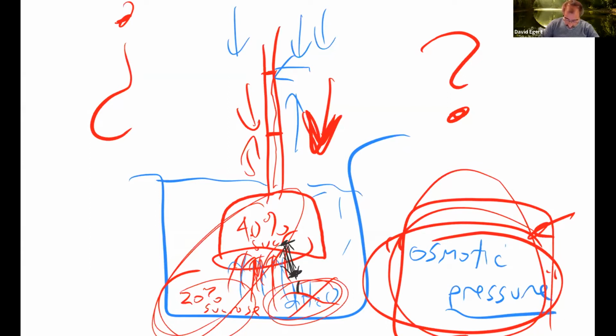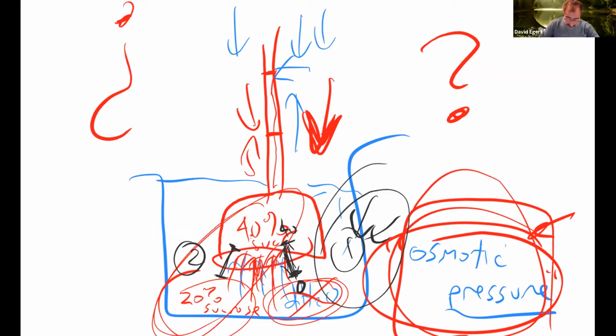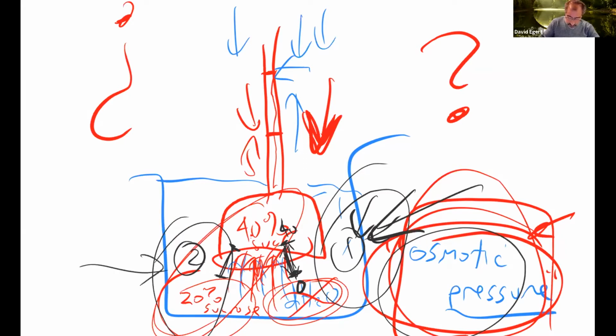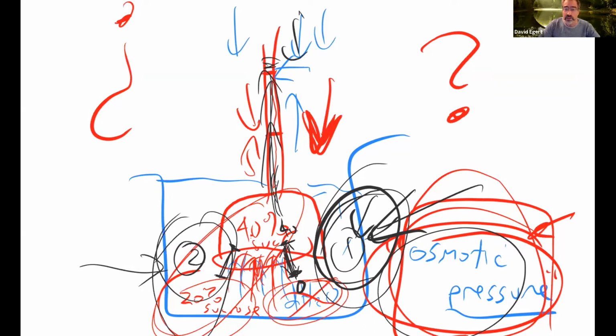So if we look at the difference between 0 and 40% in case number 1, and compare it to the difference between 20 and 40 in case number 2, case number 1 has twice as high of a difference. So this is a much higher gradient, which means we're going to have a higher osmotic pressure in this case than this one, which means the amount of pressure pushing up is going to take us much higher in condition 1 before gravity balances, compared to condition 2.